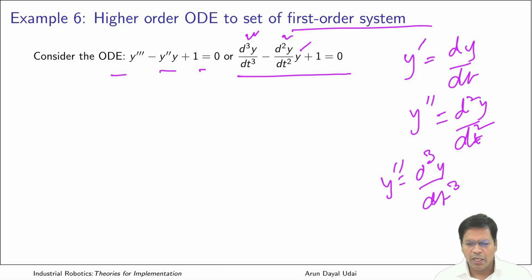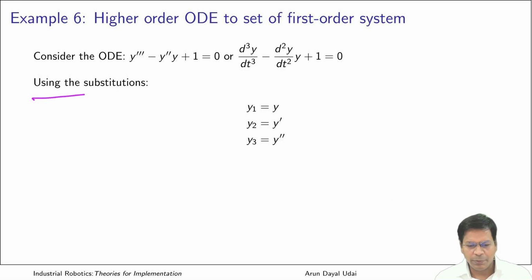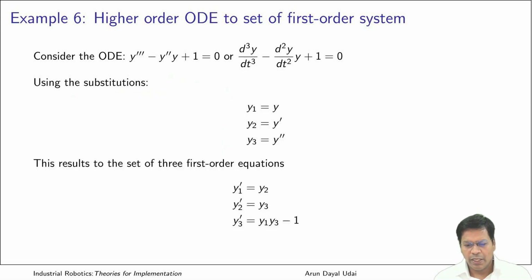Now I'll use the substitutions for y, y prime and y double prime. So for all the derivatives, I have this substitution: y1, y2 and y3. I'll put them into the original equation that is here, and I can get to this. So this results in a set of first order equations.